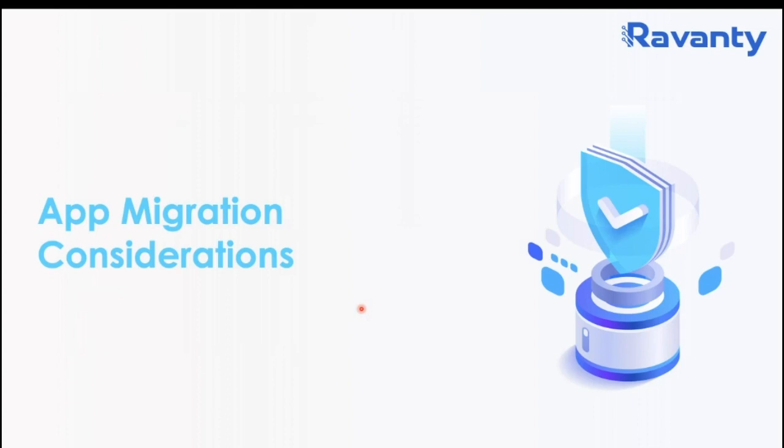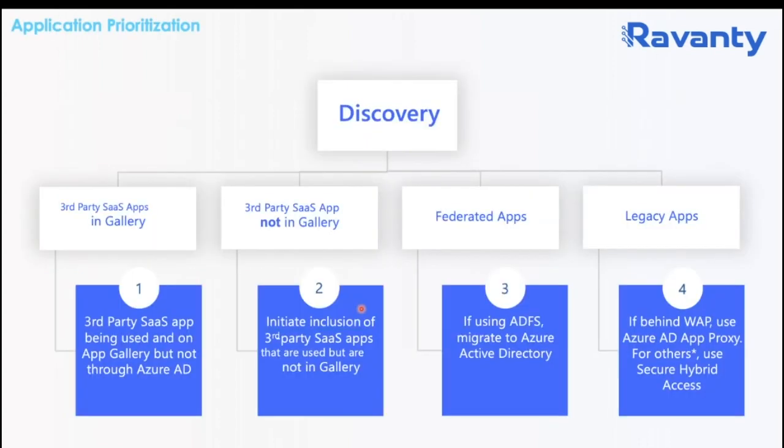Now, some app migration considerations we want to talk about. The first step as far as knowing what apps to move is the discovery process. This is where we look at all your different types of applications that are integrated with your ADFS. We first look at all your third-party apps, and look at if they're available in the Azure Active Directory App Gallery.